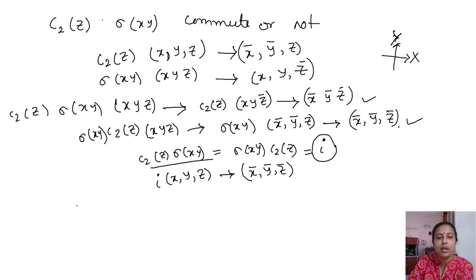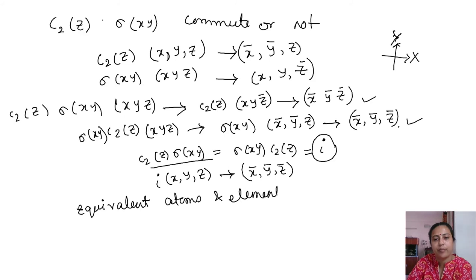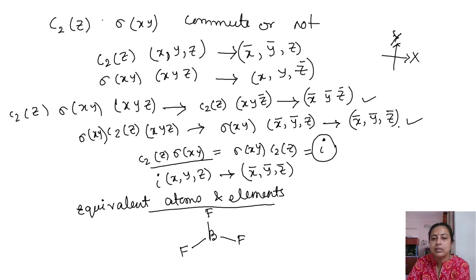Now, with this, we are here to find out another important definition, that is equivalent atoms and elements. Here, for the BF3 molecule, BF3 is a planar molecule, and let me consider that the molecule is in the plane of the board. Then the BF3 molecule is going to have a C3 axis perpendicular to the board.